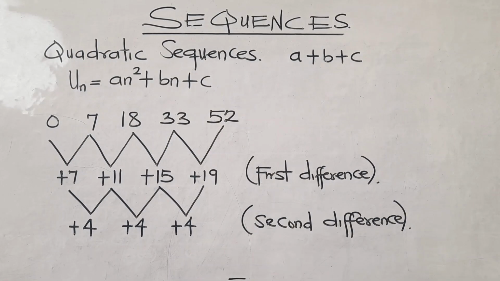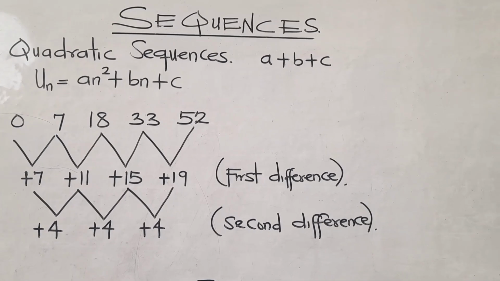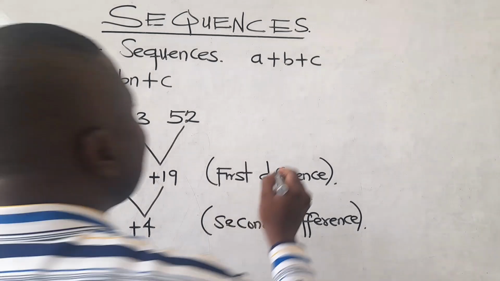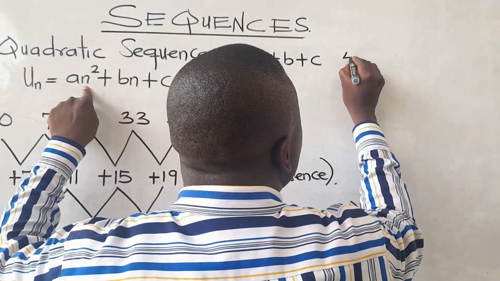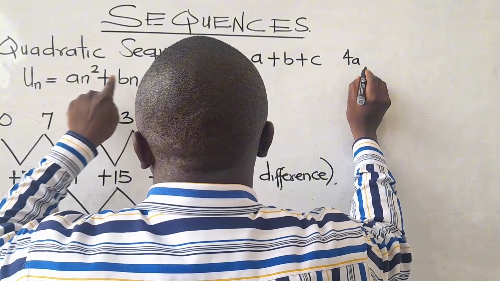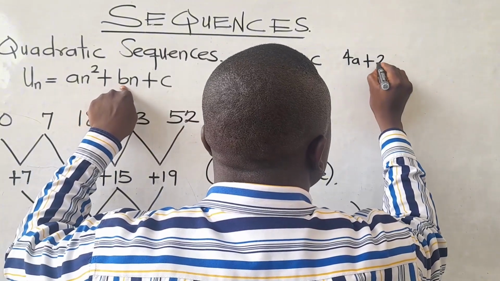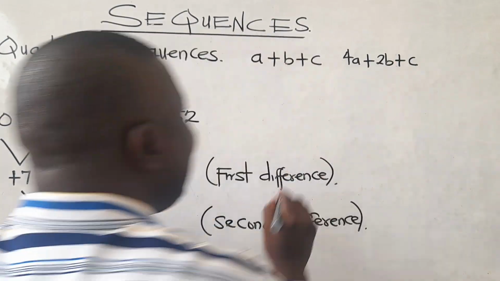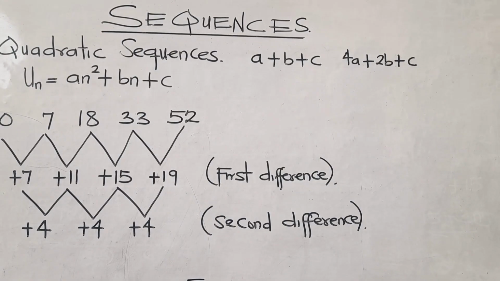When n is 2, we have 2 squared, 4a plus 2b plus c.